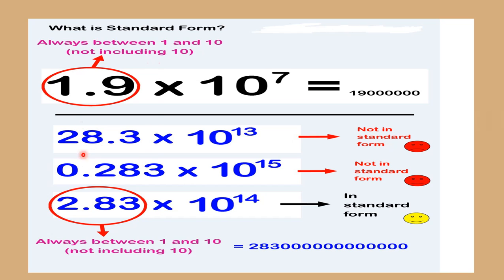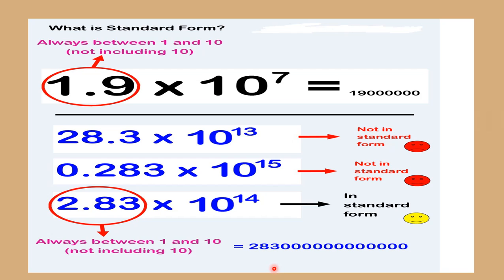And we are saying that the number we write in the first box should be between 1 and 10. So if 2.83 is written, then it is known as the correct standard form. So always the first quantity is between 1 and 10, but 10 is not included.